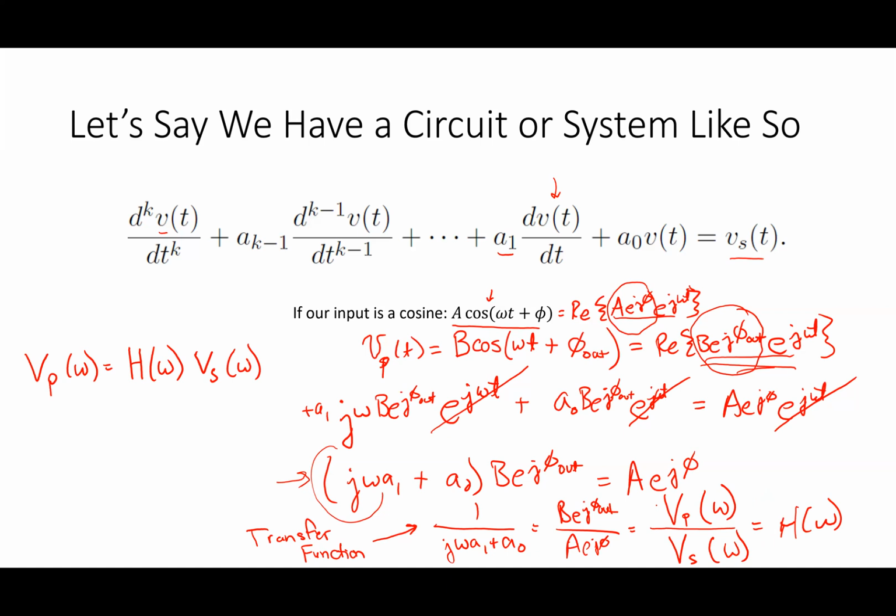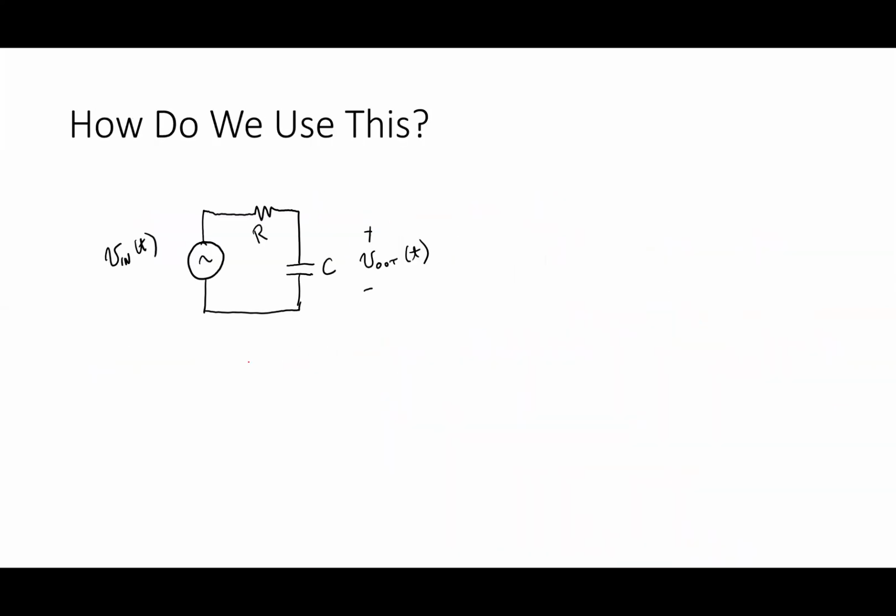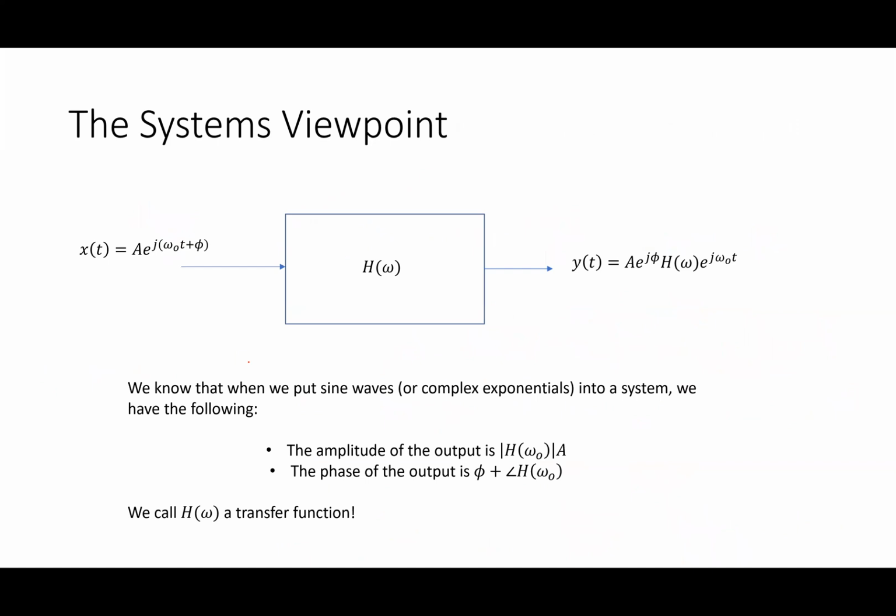And you've actually been doing this all semester in 2112, right? You're basically using impedances, which result from the Fourier transform. All right, and there's a direct relationship between what you're doing with impedance and the Fourier transform. This viewpoint is sometimes what I refer to as the system's viewpoint.